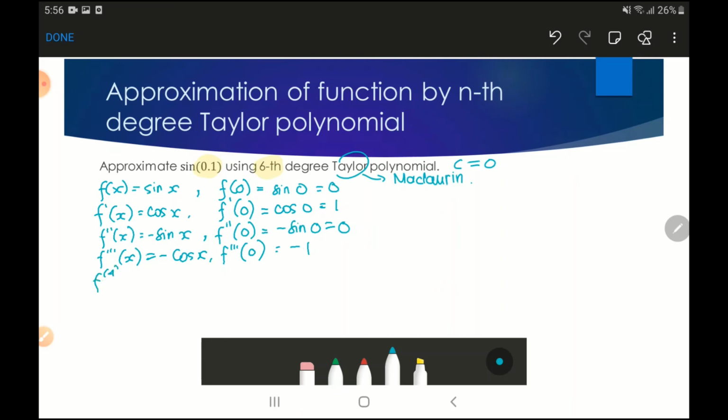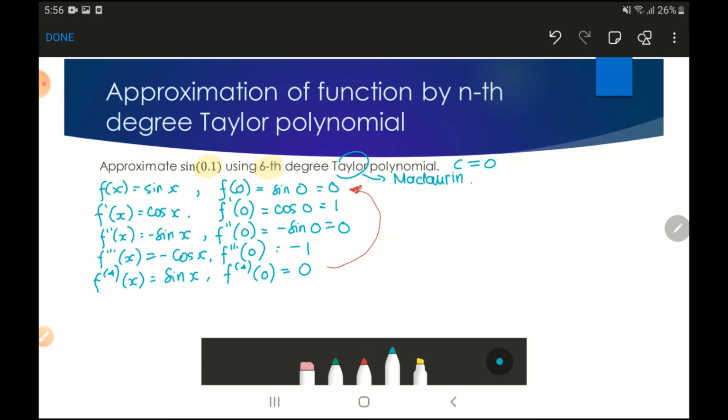The fourth derivative, the derivative of minus cos is plus sin, so we are already going back to the beginning, right?